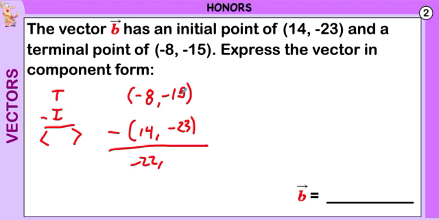And we take negative 15 and we minus a minus 23. Remember that kind of makes it into a plus here, right? So that's like negative 15 plus 23. That gives us 8. So the component form of this vector is negative 22, 8.